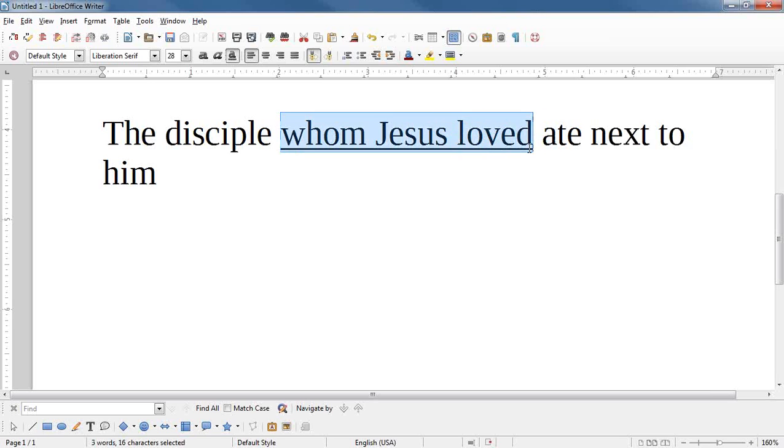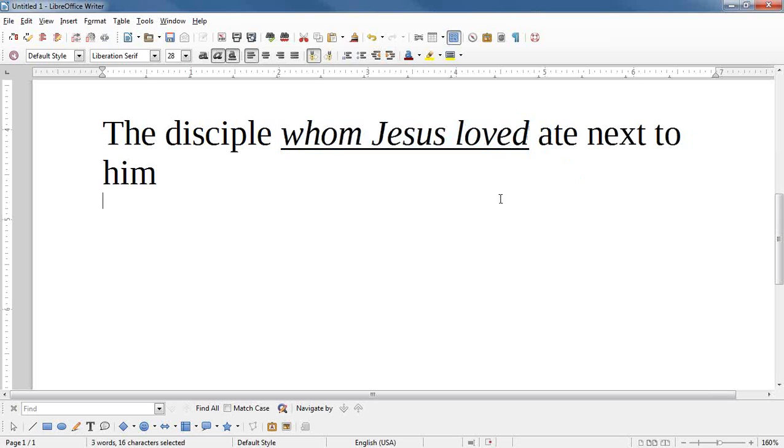So that is your relative clause. How do I know that it's a relative clause? Well, this word right here gives me the clue. This is a relative pronoun, okay? All right, whom Jesus loved. The clause aspect, we have the verb here and a subject of the verb there, okay? So like I said, it is a clause that modifies a noun.